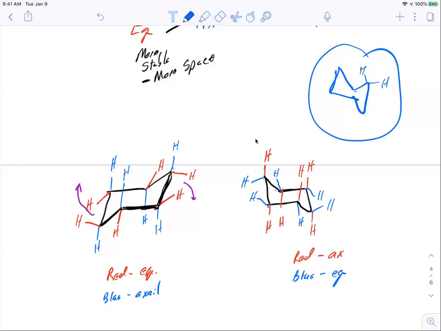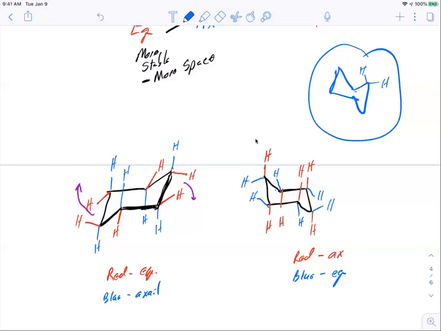What happens is to go from one chair to another chair, both sides are doing it at the same time, and I can't show it with my arms, but where you're going is going through a twist boat, right? It's a modified form. Think about everything rotating at the same time. You're not doing one side and then the other, right? You're not doing this, right? That goes through the boat, and that's the highest energy.